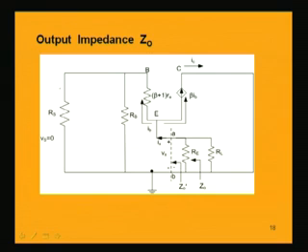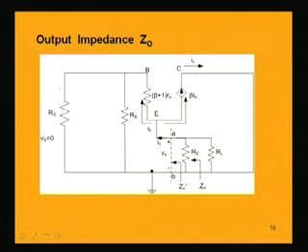So, if we focus on the emitter, between emitter and ground, what do we have? We have a resistance R e, and we have a load resistance R L. Now, in order to find the output impedance, looking from this A B terminal into the circuit, we will have an output impedance Z naught dash.